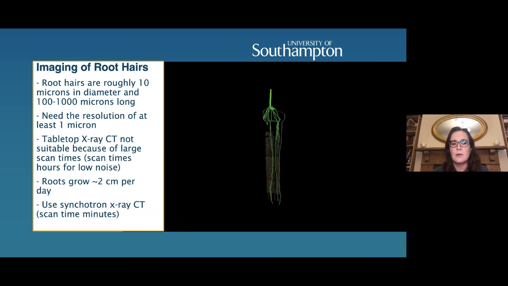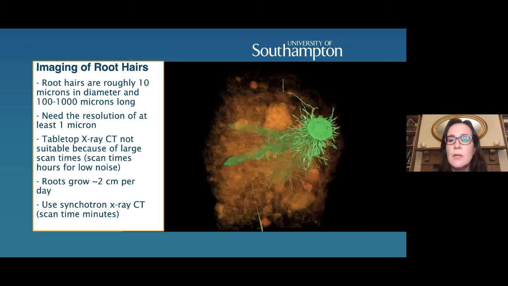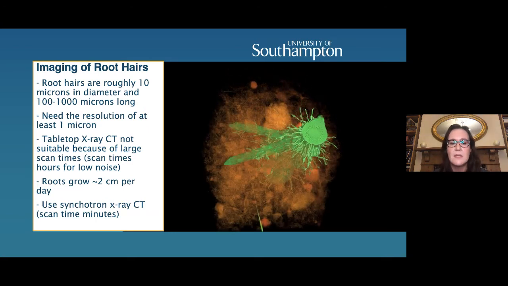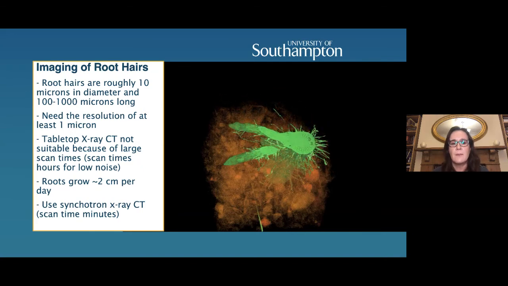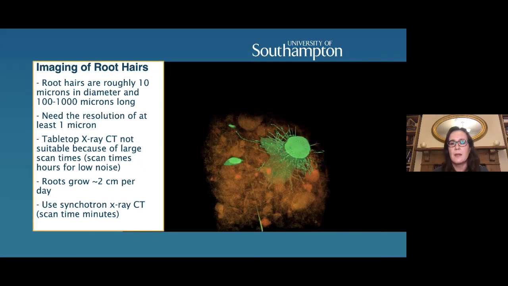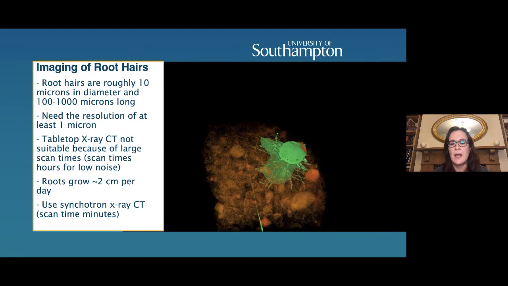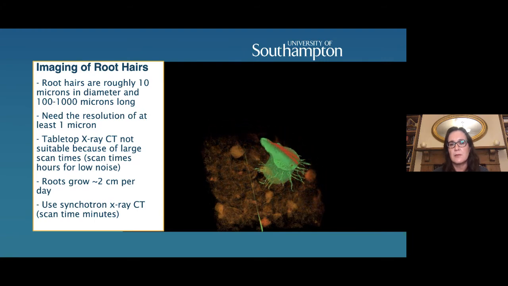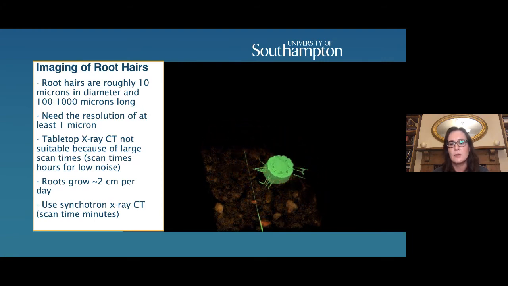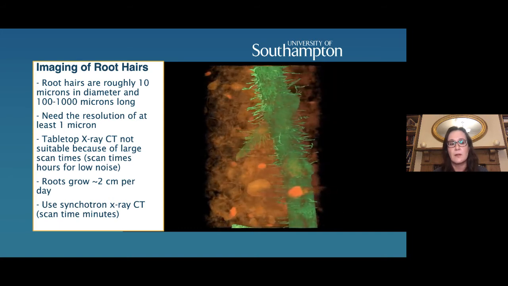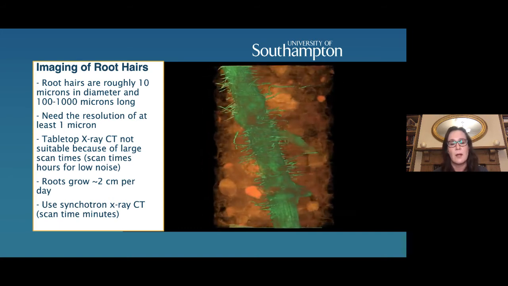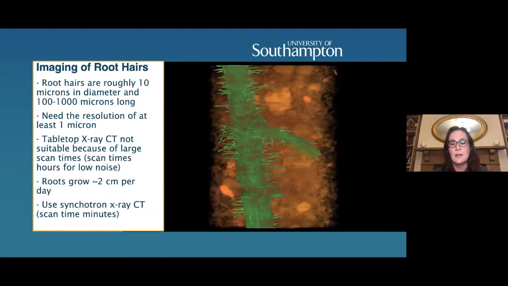Now, tabletop X-ray CTs can do this resolution, but that comes at the expense of scan time, because the scans can take up to 20 hours at that resolution. In that time, plant roots grow a lot because plant roots actually grow 2 centimeters per day. So you can see all these shadowing effects.